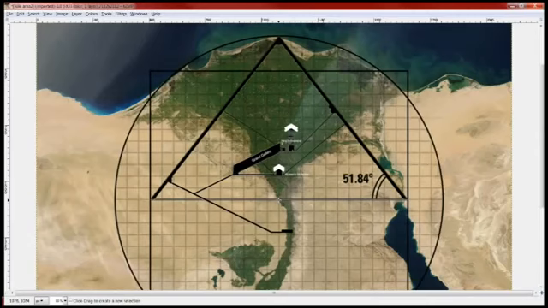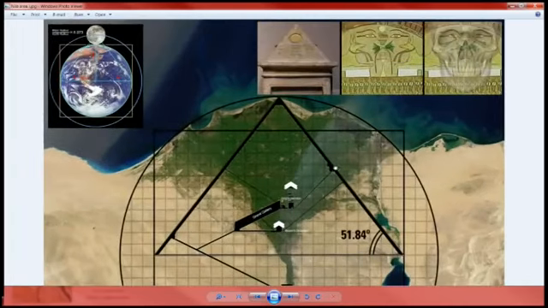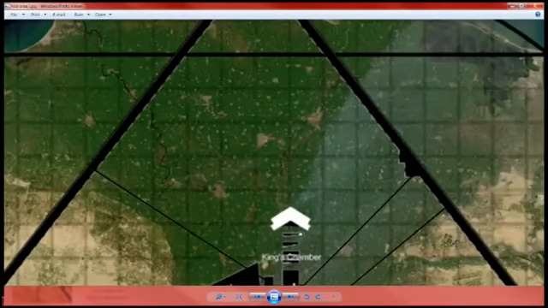Now, there is one extra thing that I have done here that I didn't notice before that I have updated. If you have seen these diagrams before, for example, with the pyramid and Earth and the moon and them squaring the circle, you may remember that the last time I showed you, the king's chamber here was a little bit to the right.